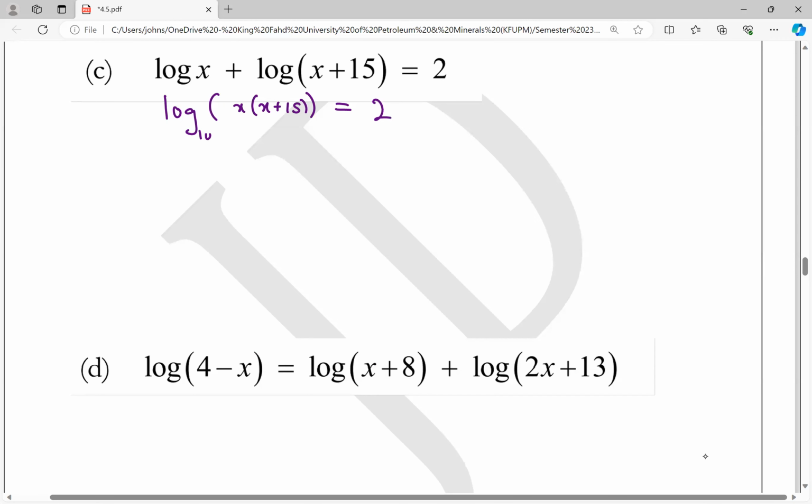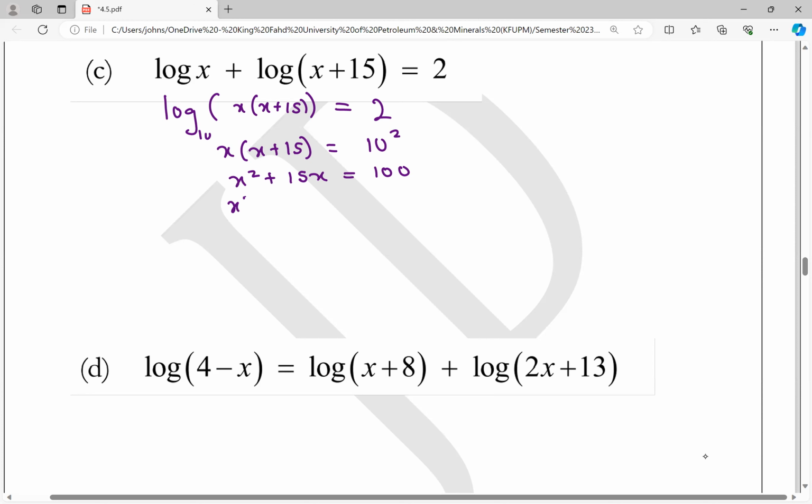So this is like 10. So this will be x bracket x plus 15 equals 10 squared, right? So this is x squared plus 15x. And this equals 100, right? So what can we do?